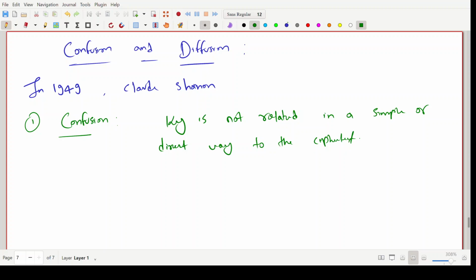The idea of confusion is to hide the relationship between plain text and key.